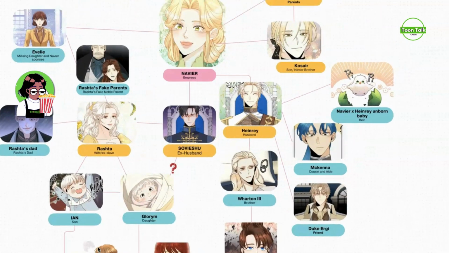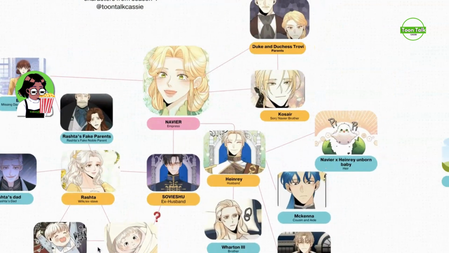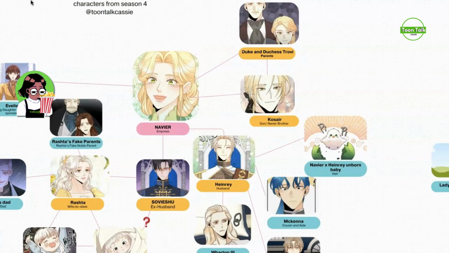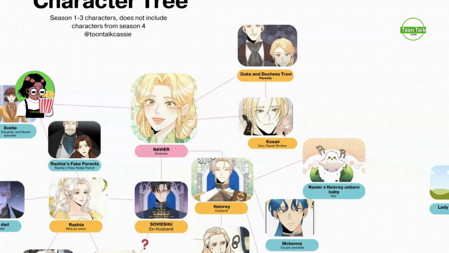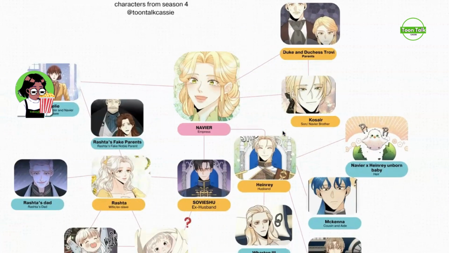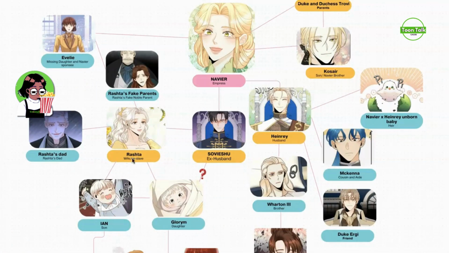You guys just read episode 181 and then let me know if you want to hear my thoughts on it. And also I could do another character tree breakdown, because there are characters that I didn't get a chance to add here. Like I said, this family tree was really more on characters who are directly connected to our main one with some kind of family ties or some kind of blood relation to them. If I'm missing anybody, let me know, because we do know Rashta's family tree is a hot mess.